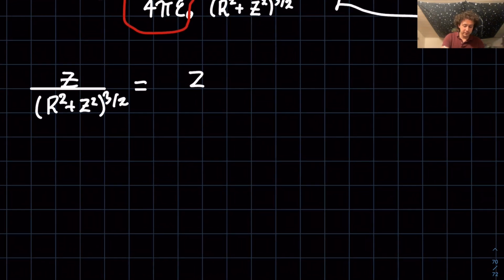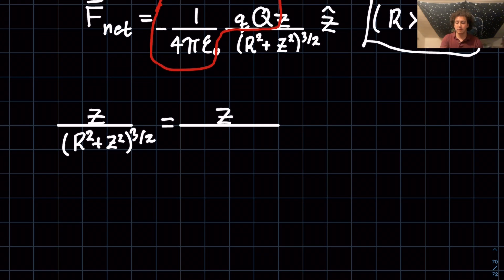Let's do what we've just done a couple times and factor out the larger part, this r. In this case it's r squared and z squared, and something larger squared is going to be much larger, and something smaller squared is going to be smaller.